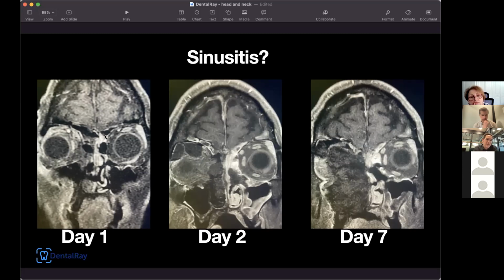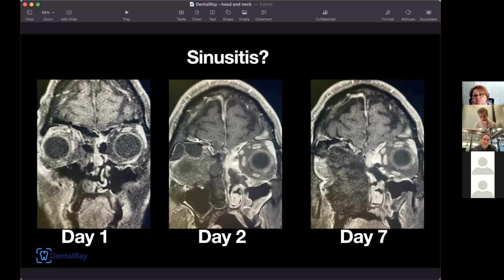So this is on the left side what the mucosa should look like, taking up that contrast and being fed by blood vessels. And over here on the right side, this is all necrotic dead tissue that's being invaded and displaced by this aggressive infection, and unfortunately extending up into the orbit and into the brain. And so this is a highly aggressive fungal sinusitis.